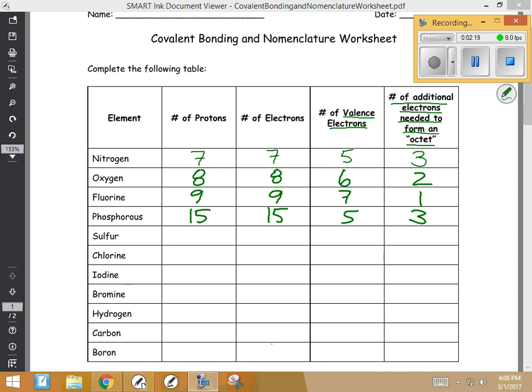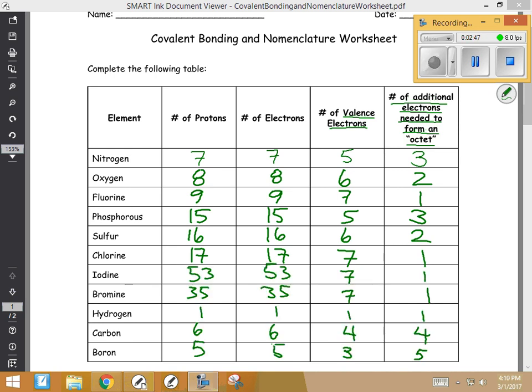Sulfur, it is in 16, and it has 6 valence electrons. So 2 electrons needed to form an octet. Chlorine. I'm going to pause and complete this chart.